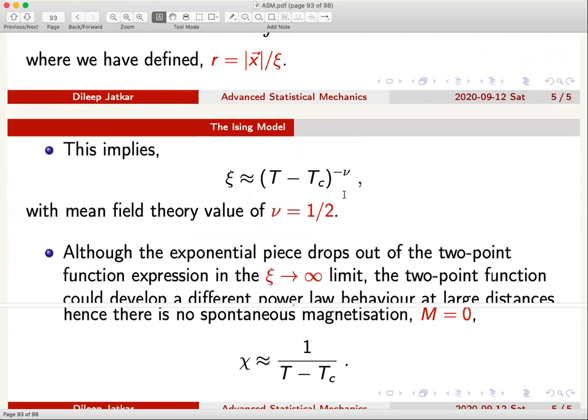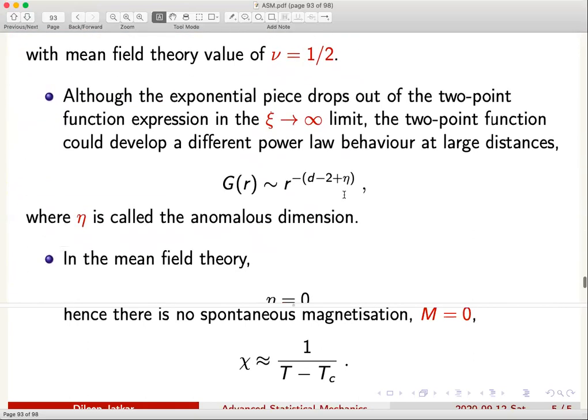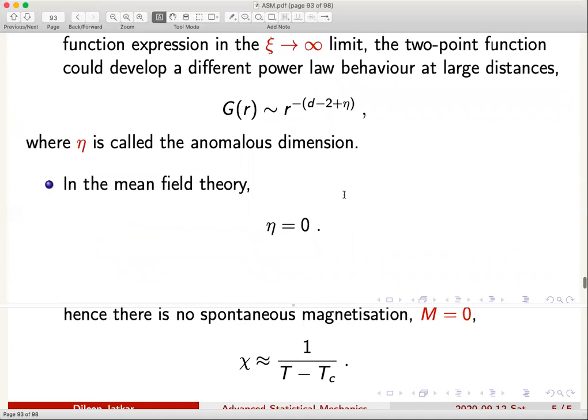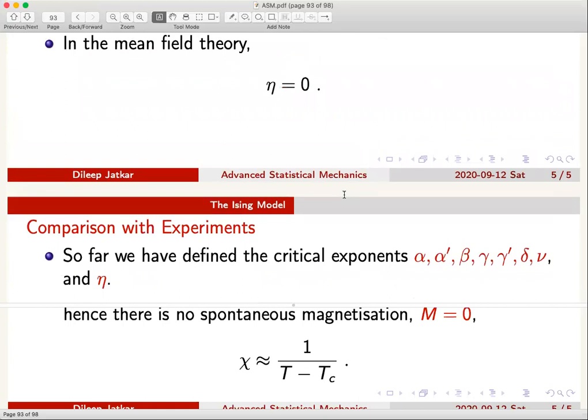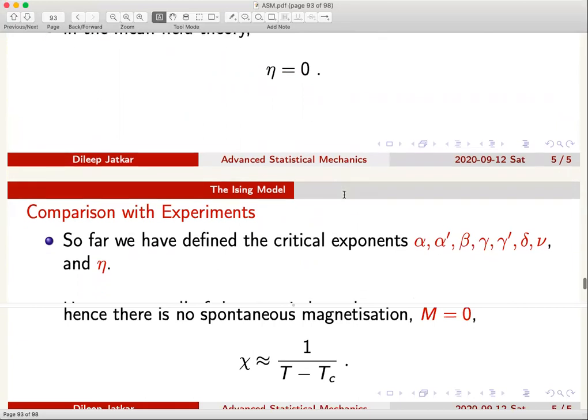So now we have determined all of alpha, alpha prime, beta, gamma, gamma prime, delta, similarly nu and eta, within mean field theory.